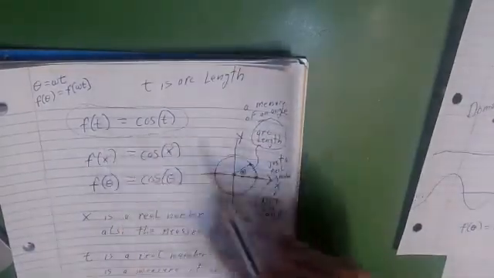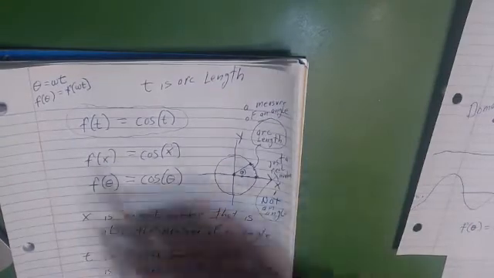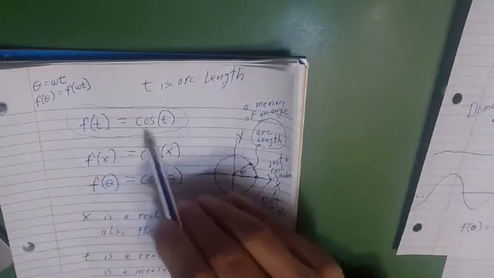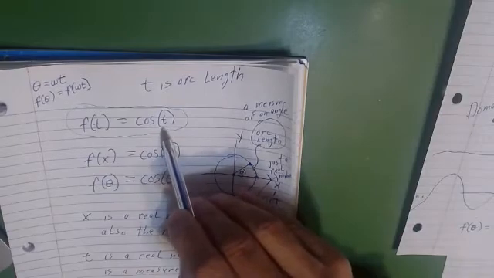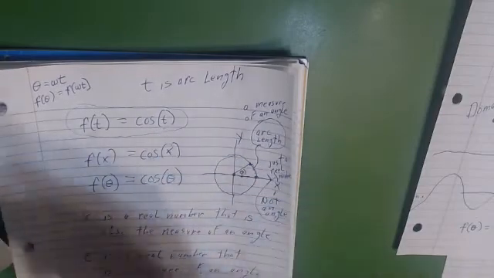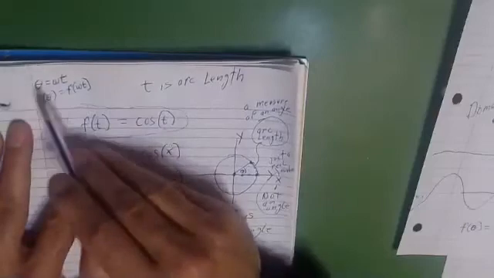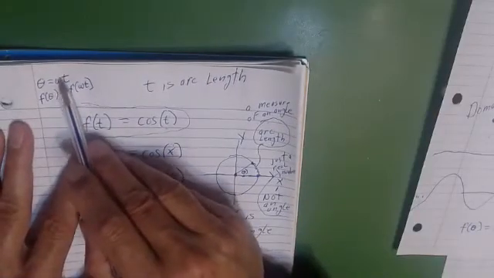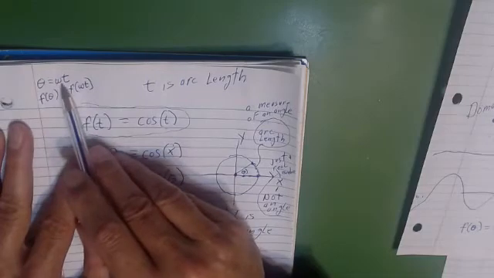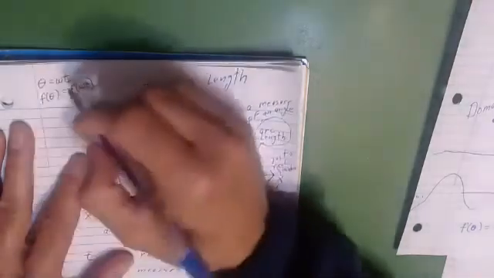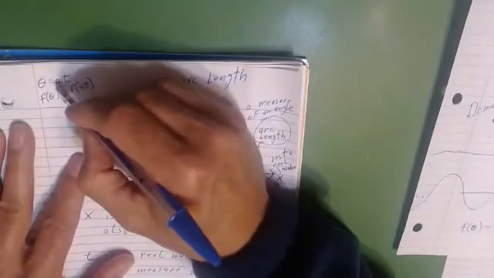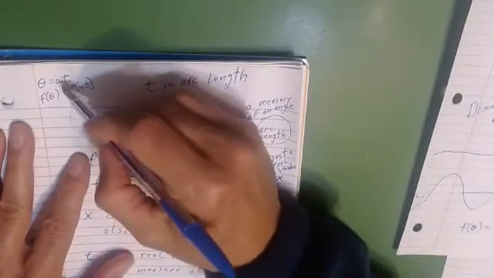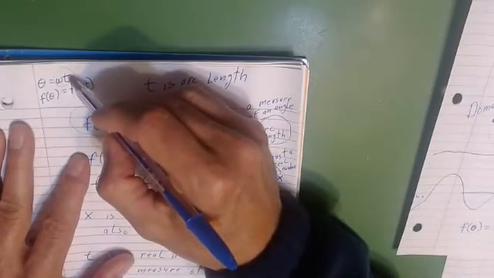If T is 2, theta is 2 radians. So here, when you just have F of T or cosine of T, T is an angle, okay? But you can also represent an angle as omega T. And omega is called the angular frequency, we learned, right? But here, the angle is omega T. It's not T. It's these two multiplied together.